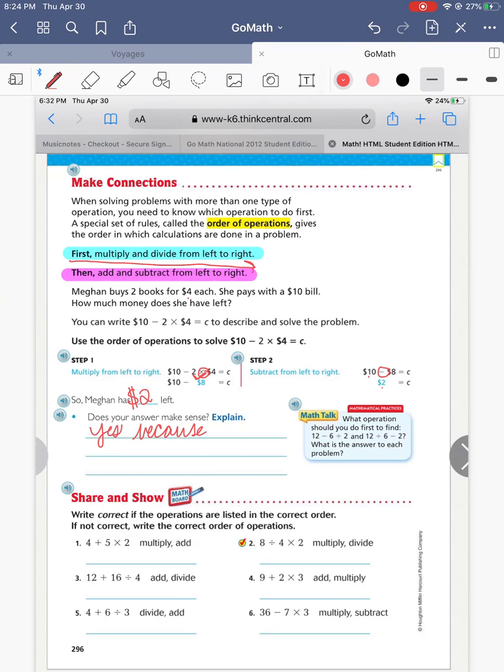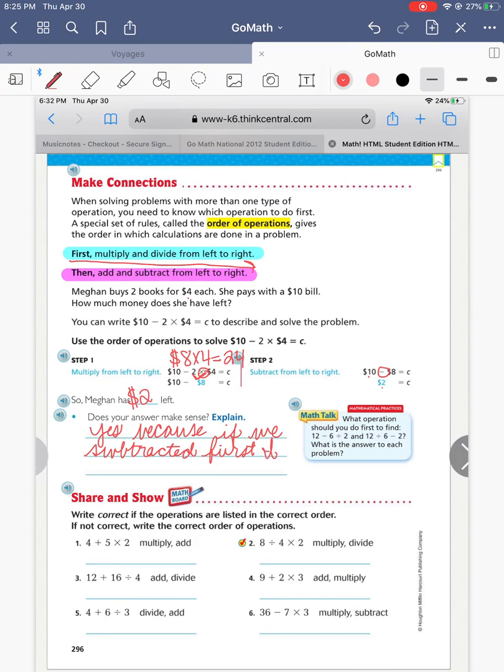Yes, because if we subtracted first, we would have ended up with more money than we started with, right? 10 minus 2 is 8. $8 times 4 is $24. How can I have $24 for change if I only started with $10?